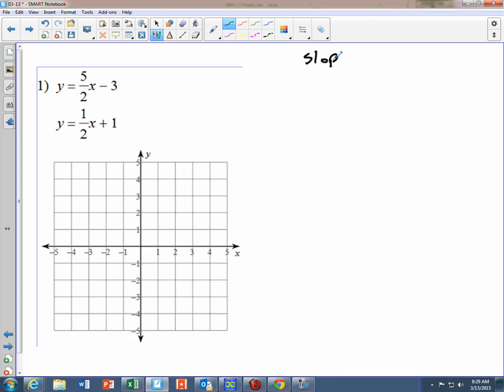Make yourself a little note here. When it's in slope-intercept form, what things do I need? I need m and b. So next to each equation, I want you to write m equals and b equals.